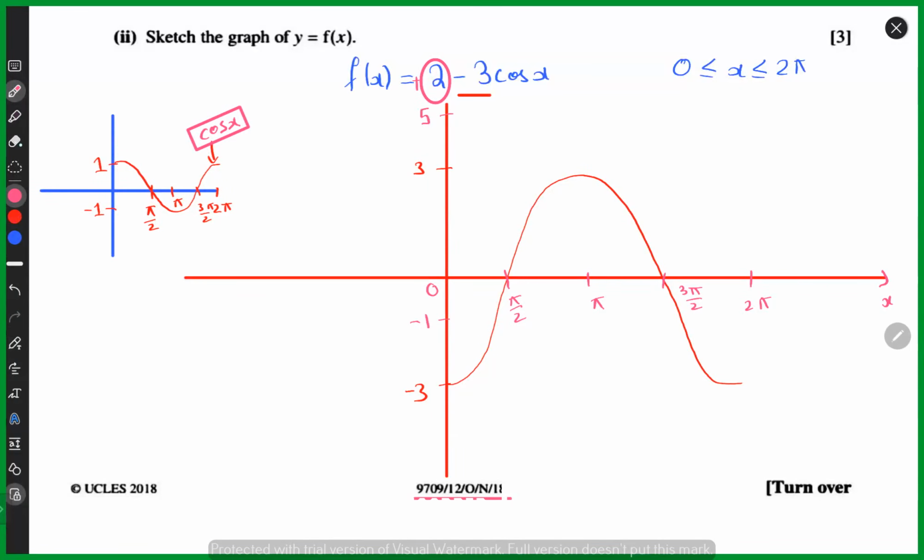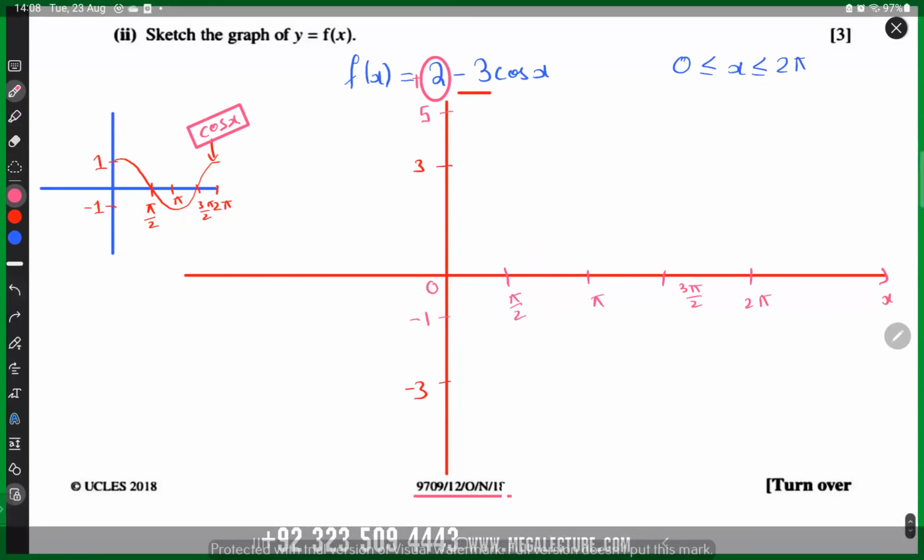So I am not going to make this. I'll make my graph again. And this is going to give me, let me erase them as well.